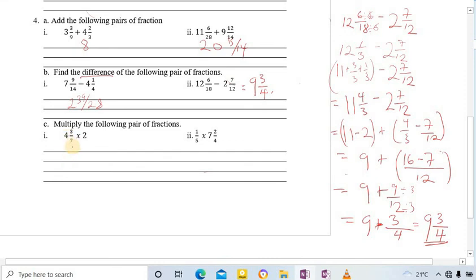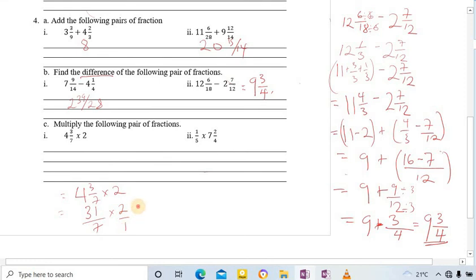4 whole number 3 over 7 times 2. Let's quickly put them here. 4 whole number 3 over 7 times 2. Okay, so let's change this one to an improper fraction. 7 times 4 is 28. 28 plus 3 is 31 all over 7 times 2.